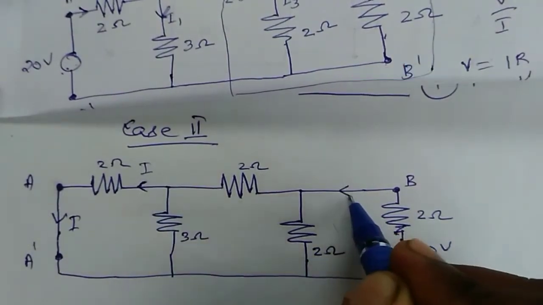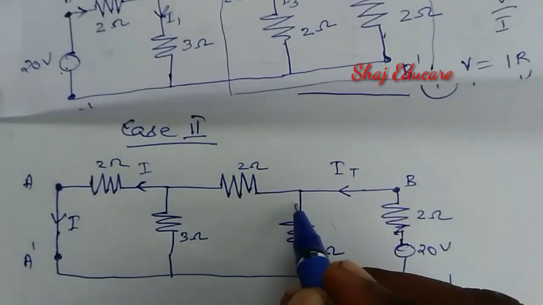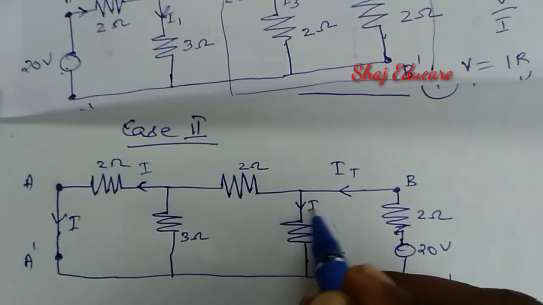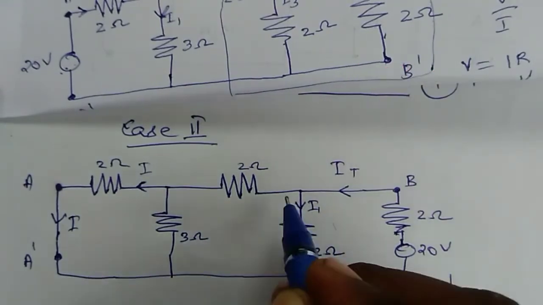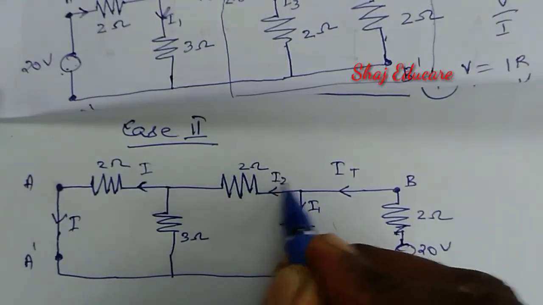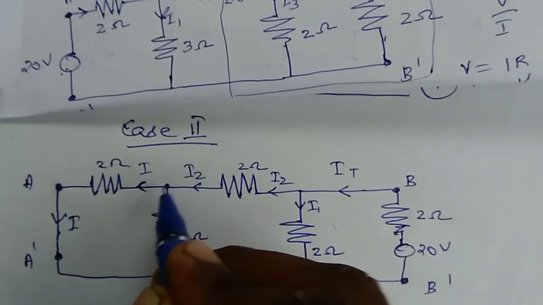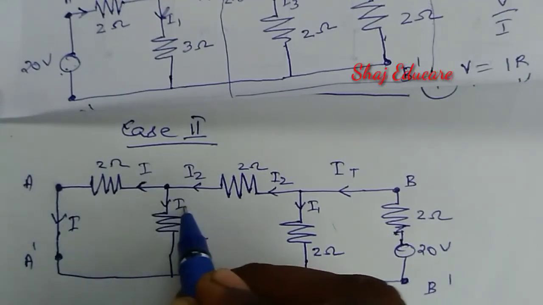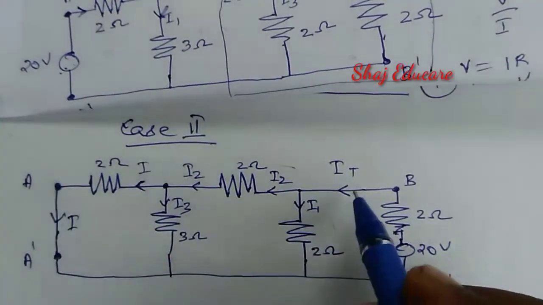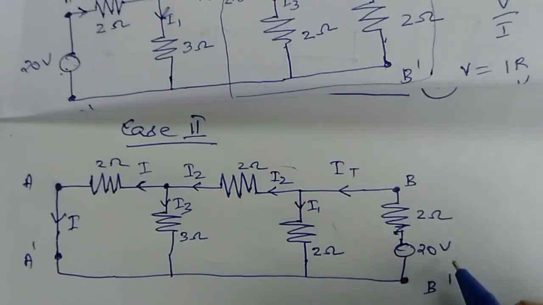For that purpose, again I have to evaluate the total current IT. Let us assume that I1 is the current flowing through the 2 ohm resistance, and here it is I2. I2 again reaches this node and splits into currents I and I3. So first of all we have to find the total current IT supplied by this 20 volt voltage source.